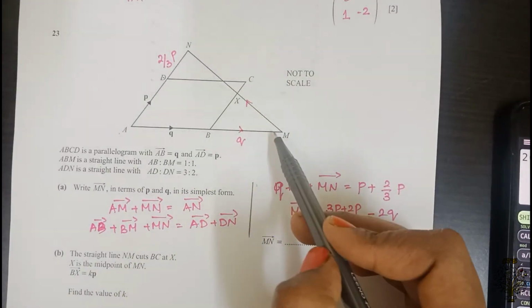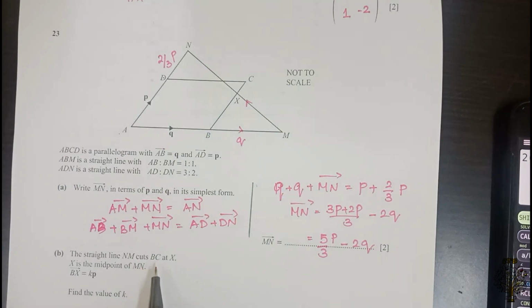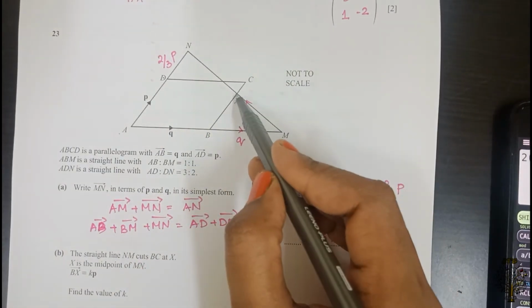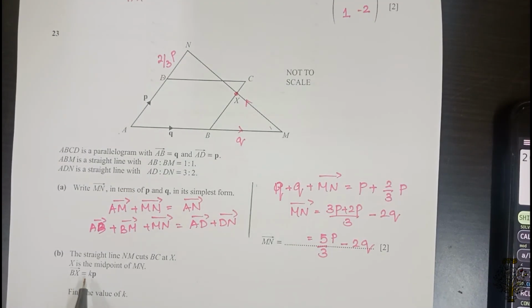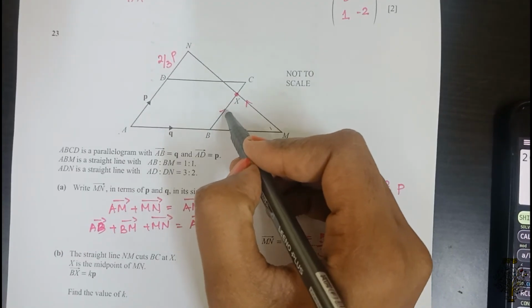Now the straight line NM cuts BC at X. X is the midpoint of MN. BX equals KP. Find the value of K. BX, first locate BX. This is your BX.